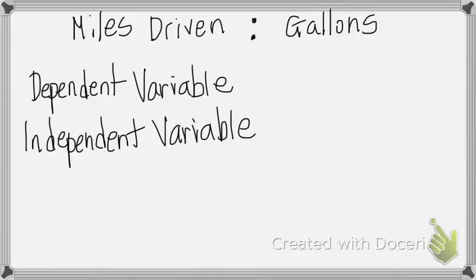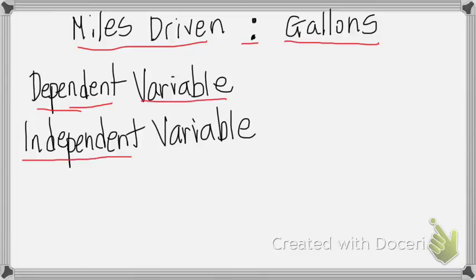So we have miles driven to gallons of gas. I wanted to bring up these terms again: the idea of a dependent variable. This is very, very important in science as well. We talk about dependent variables and independent variables. So I'd like to discuss that with you now.